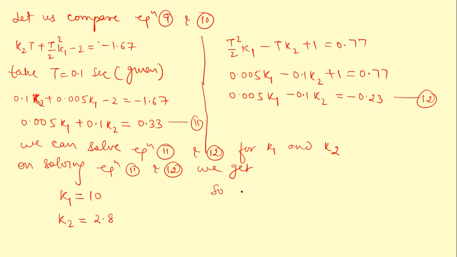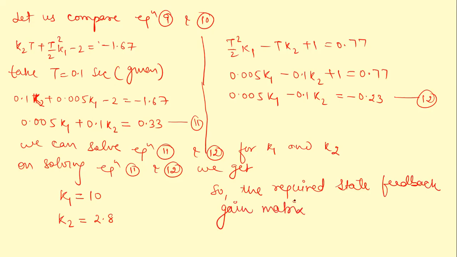So the required state feedback gain matrix is K is equal to minus k1 k2, that is minus 10 2.8.